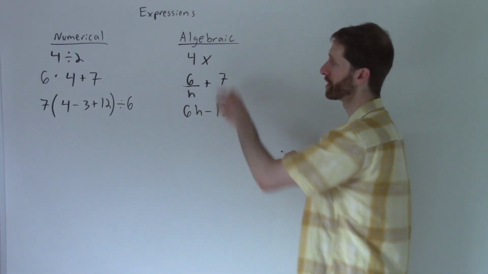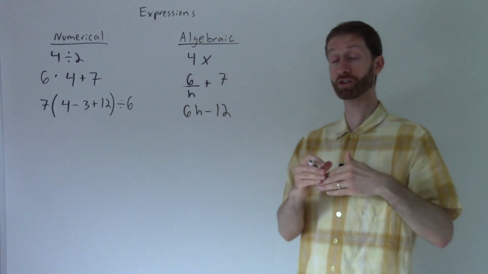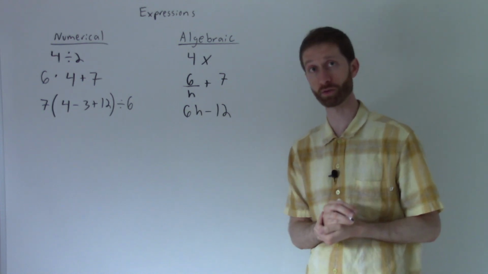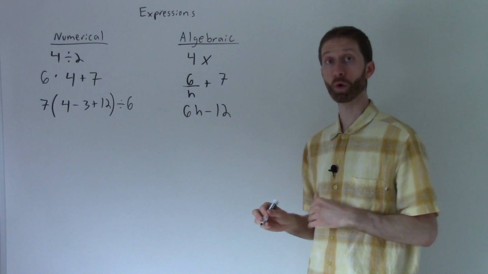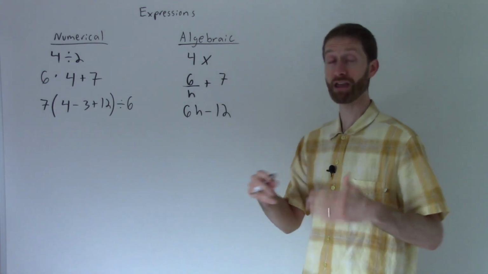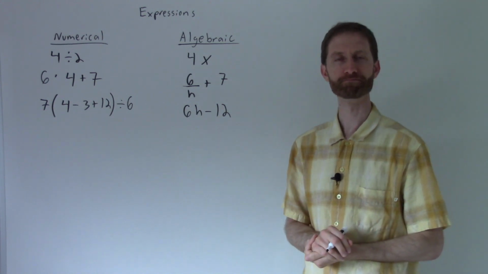Algebraic expression, letter or letters with numbers. It could also just be a letter on its own, but as long as that letter is involved, it's considered an algebraic expression. Now, in the next brief clip, we're going to be discussing what this letter, a variable, is all about and why we call it a variable.